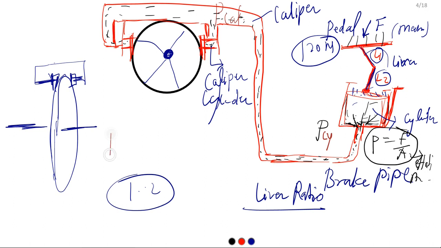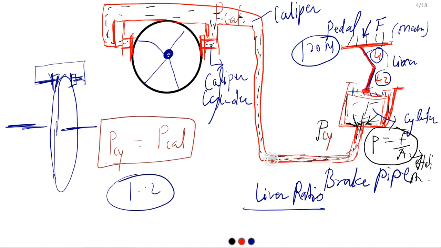The pressure at the cylinder will be equal to the pressure at the caliper, because we are considering that there is no loss of pressure from here to here. Understand? Now this pressure will transfer to the calipers, maybe single acting or double acting calipers, single side or double side.